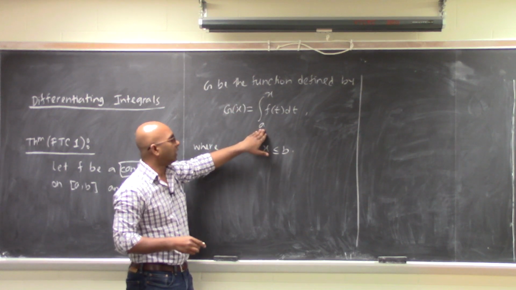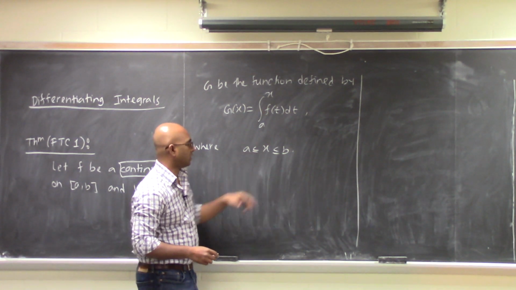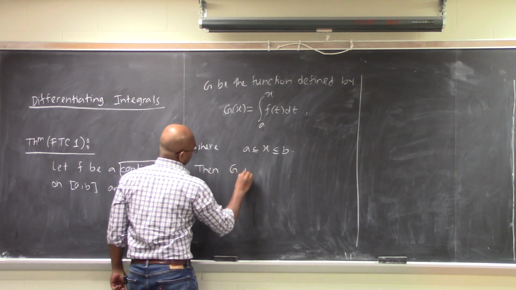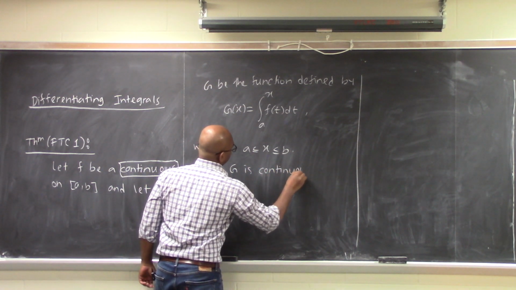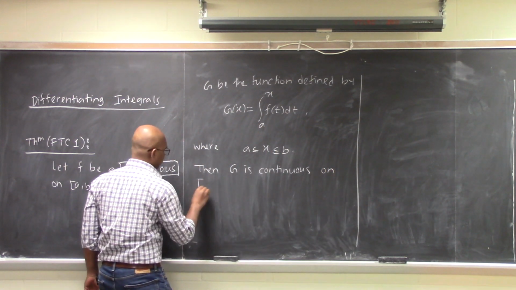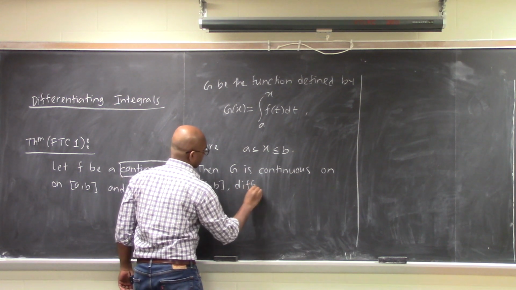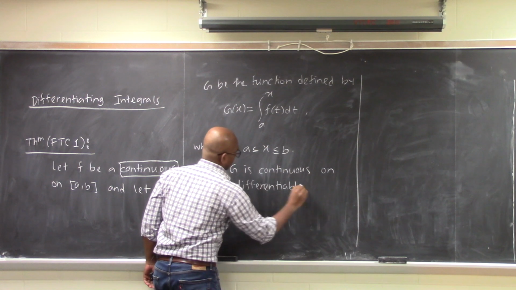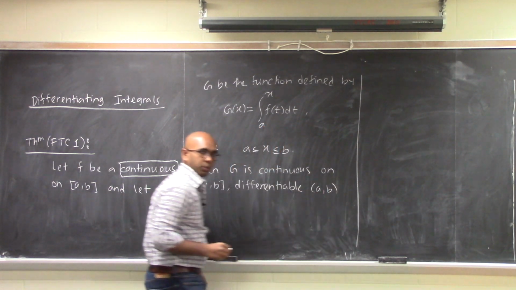So there are several things to notice here. I'm going to tell you after I write this statement. Then what happens? Then g is continuous on the closed bounded interval a to b, differentiable at the interior, so in the open interval a to b.